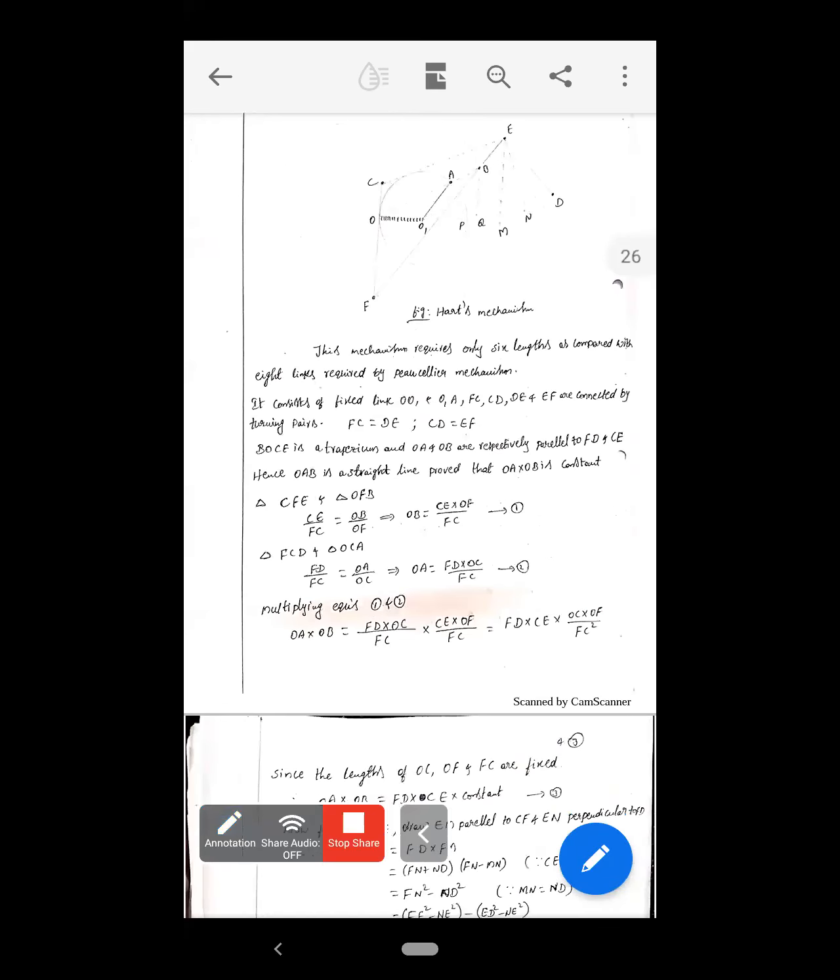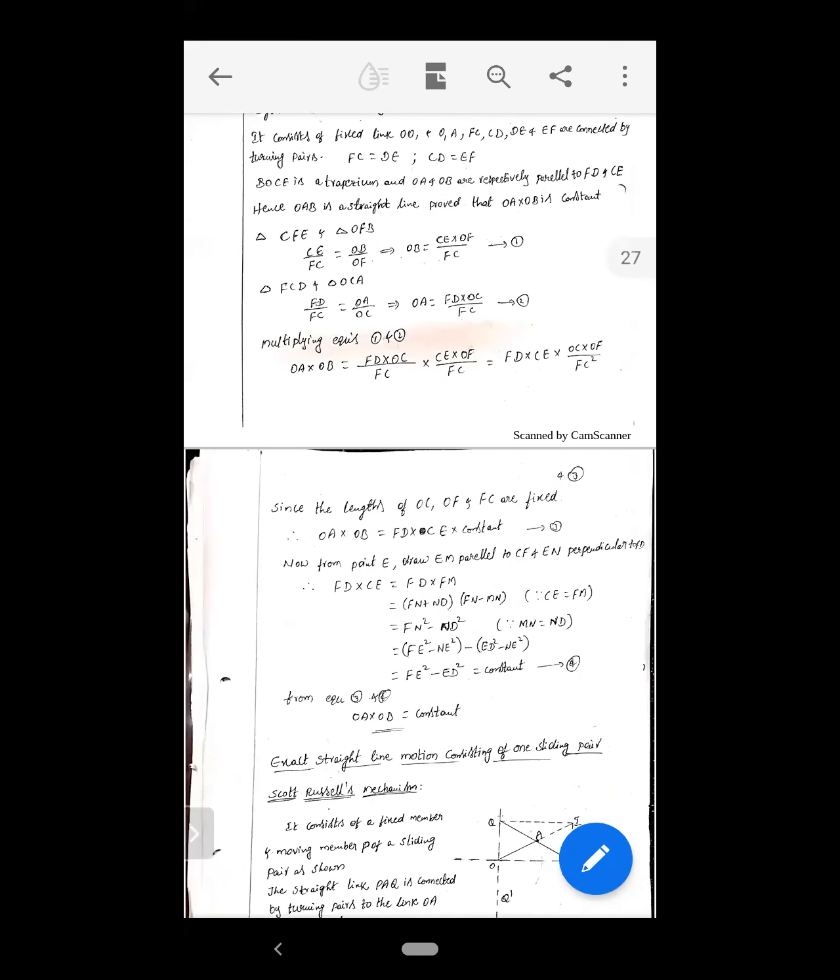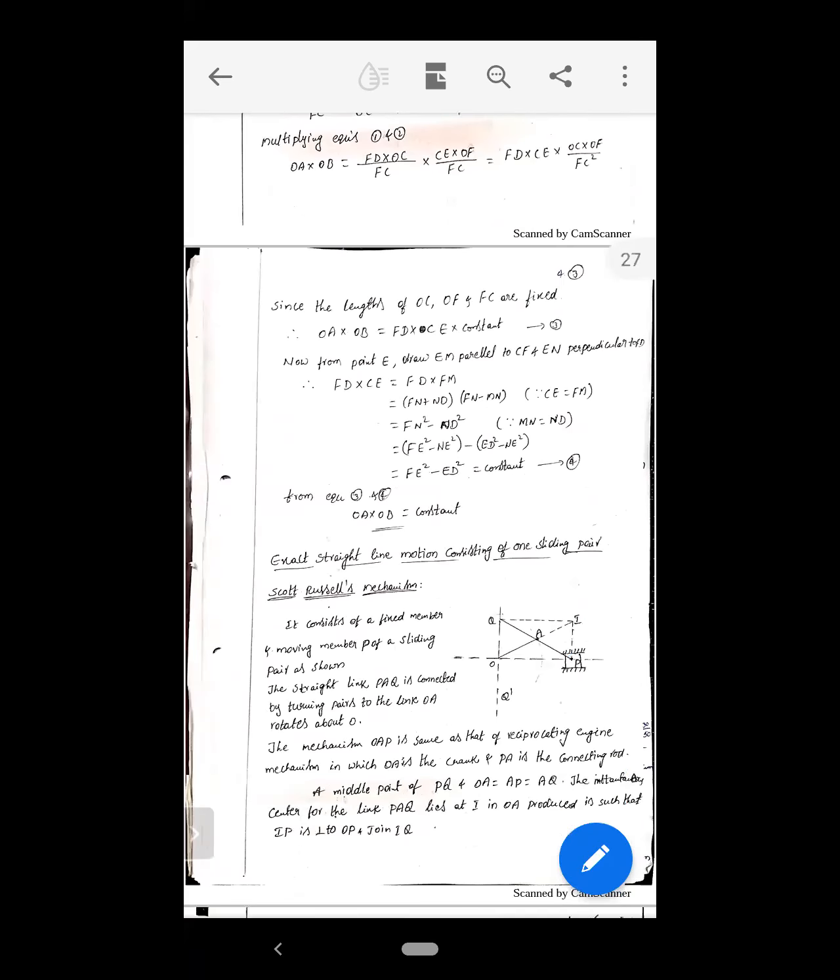In our derivations, we simply proved one fundamental equation, OA by OB equals constant. When we prove OA by OB equals constant, it is an exact straight line.